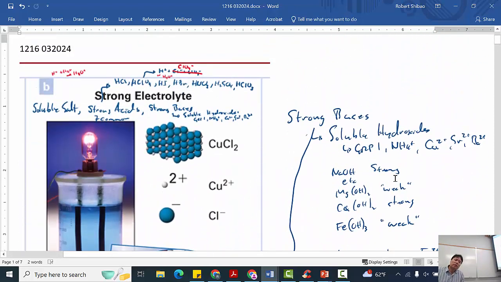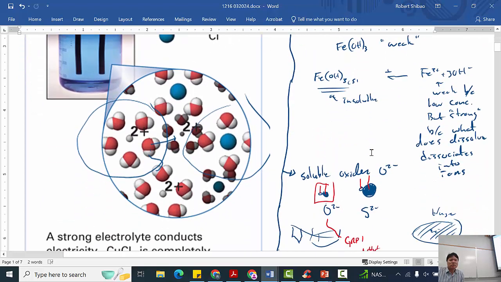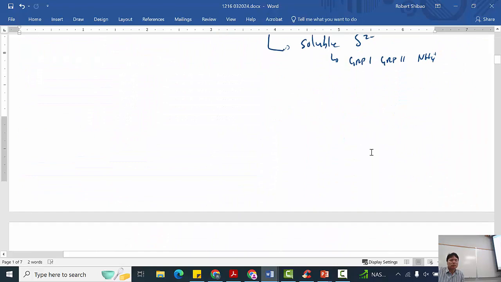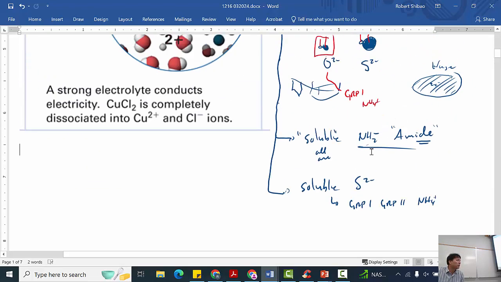In a typical class like Chem 4, you're asked to memorize the 7 common strong acids, so that you can recognize strong ones versus weak ones, but you aren't going to be asked to memorize the strong bases. You don't have to memorize the strong bases.